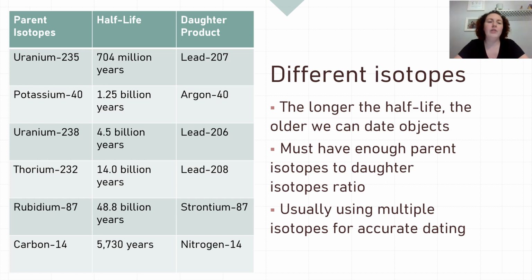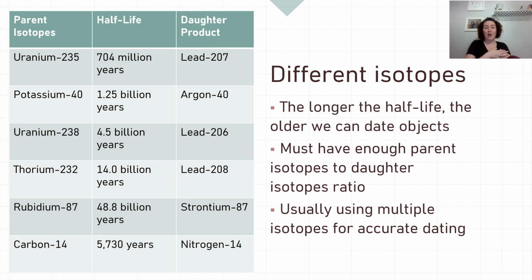So by looking at half-lives that are much, much longer than, say, the 5,730 years of carbon-14, if we look at parent isotopes that have a longer half-life, it gives us a more accurate, older age dating option. So what this means is we can date something back further than just 60,000 years.